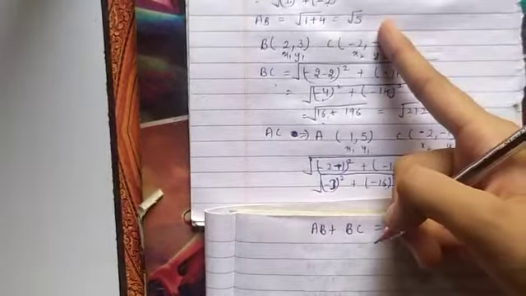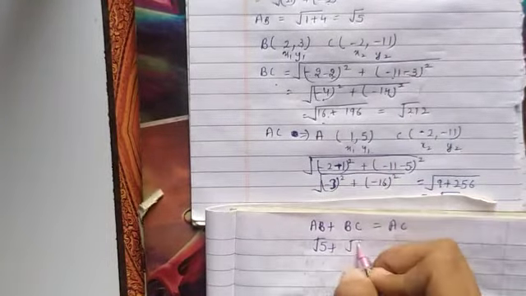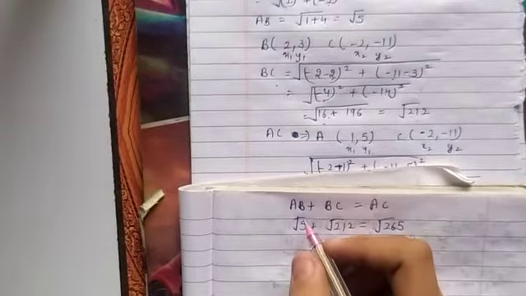So what is the distance of AC? Root 265. So root 5 plus root 212 is equal to AC distance, root 265.